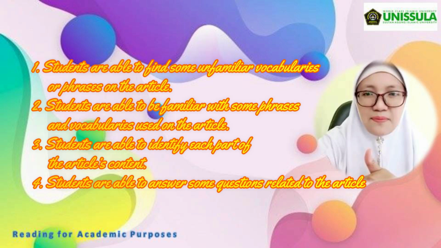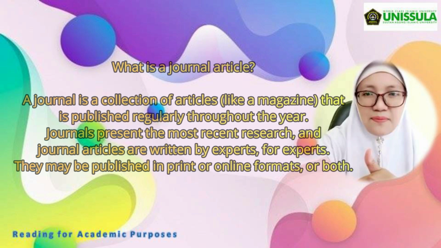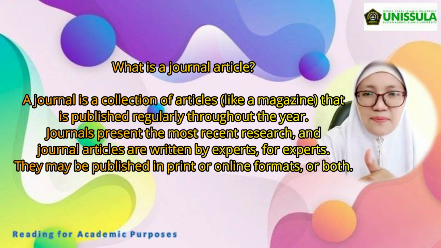Okay students, after you know the objectives of our learning, now I will show you the definition of a research article, especially a journal article. What is a journal article? A journal is a collection of articles.